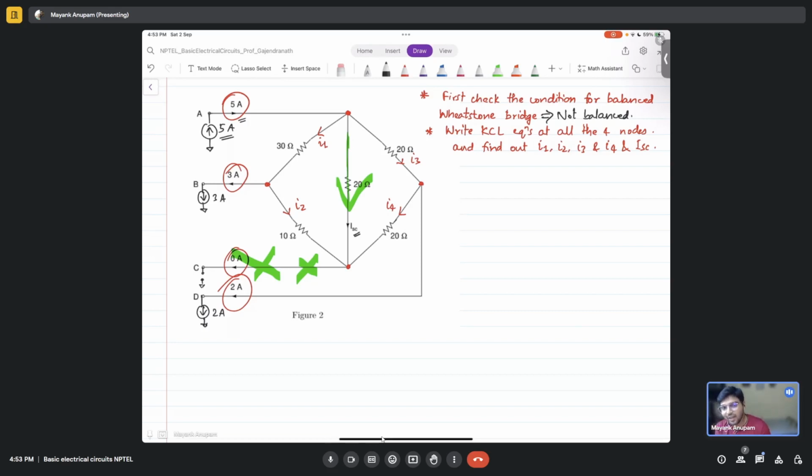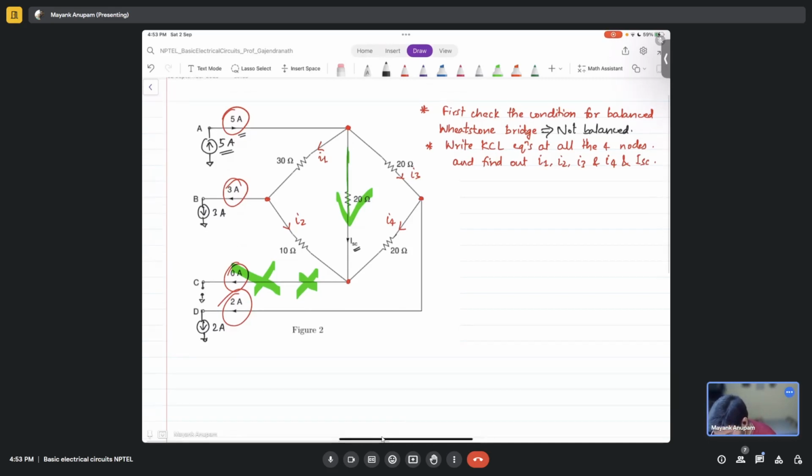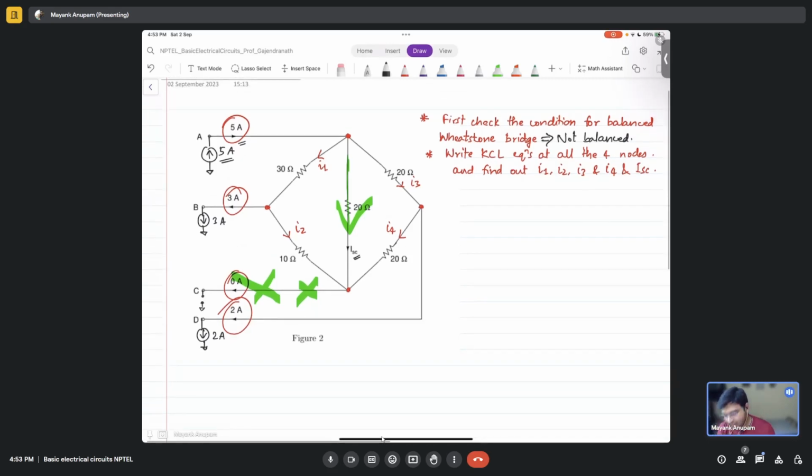The other method that I can think of is slightly lengthy, but just to make a point, one way could be to simply use superposition. You find ISC due to all the individual current sources, connected independently one at a time.